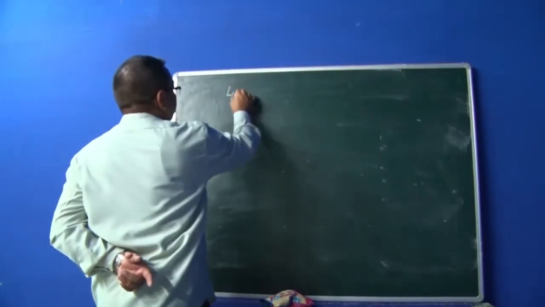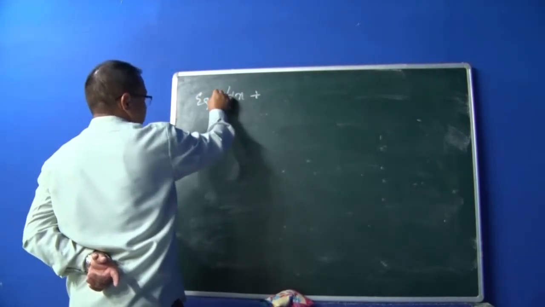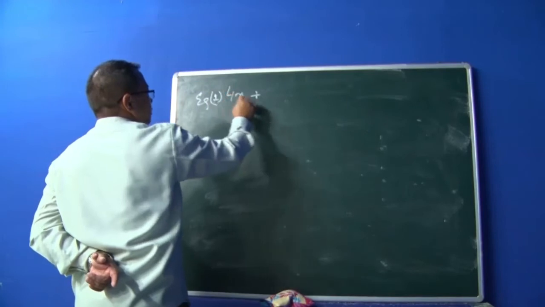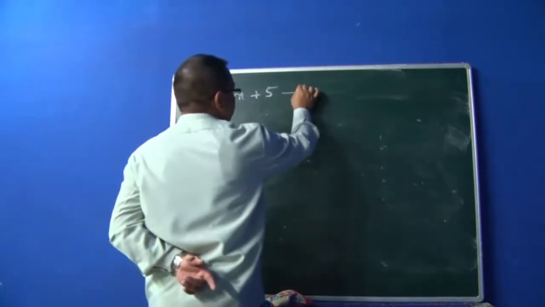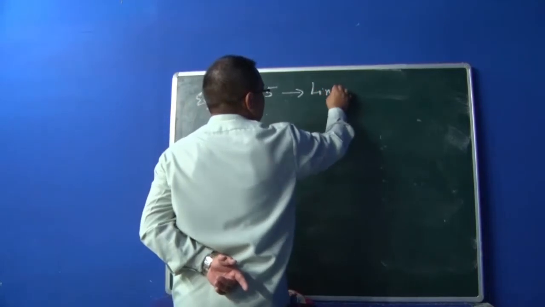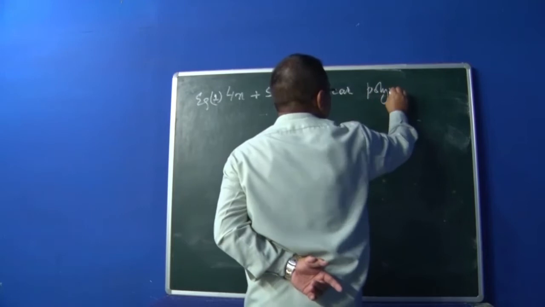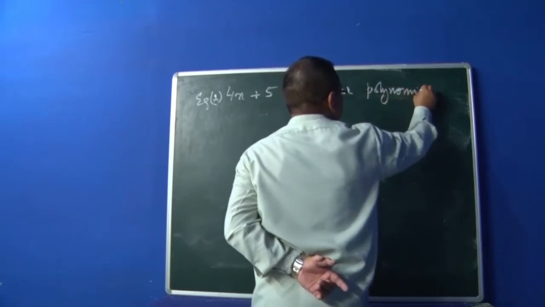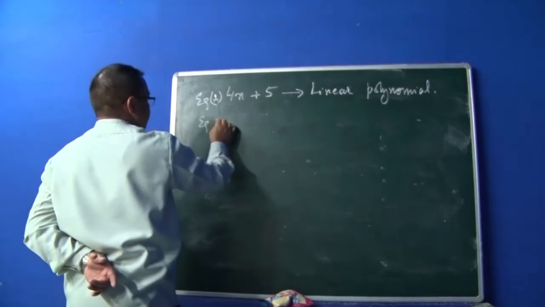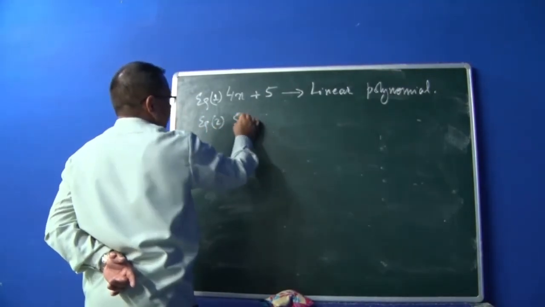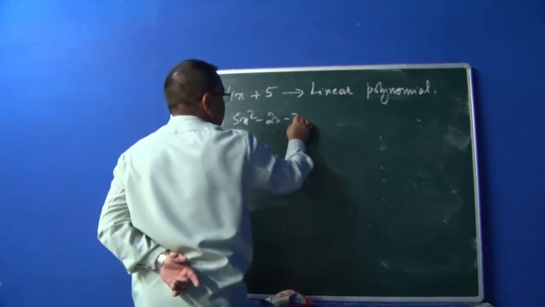Example 1, 4x plus 5. Power 1, here we can say linear. Okay? Linear polynomial in short form. Then example 2, 5x squared minus 2x minus 7.